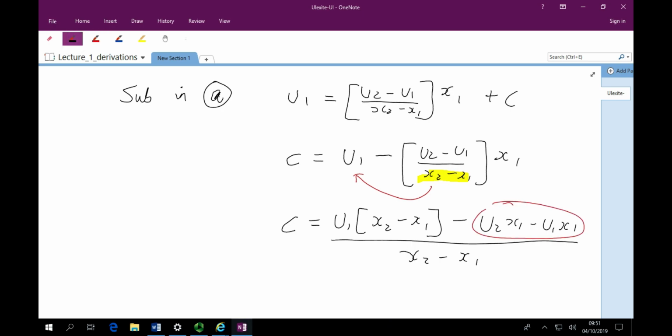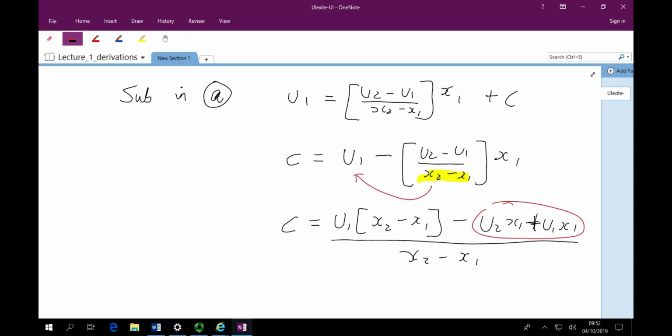Okay, so then essentially now we just have to rearrange and collect terms and see what cancels. So if you look, you can see that we have u1 x1 on both sides of the equation. So there's a mistake here. When I multiplied out the brackets, this should be a plus, because we actually have u2 times x1 and then minus u1 times x1.